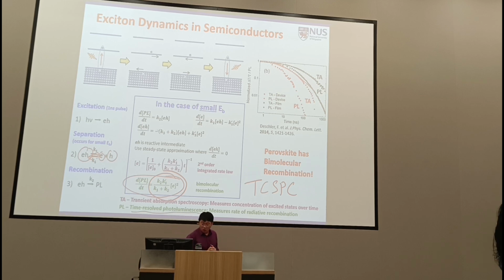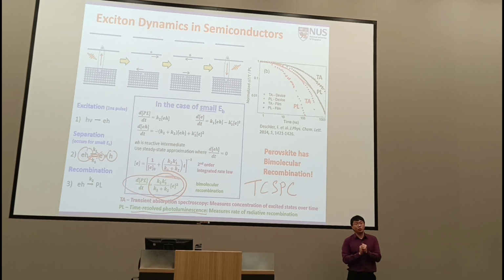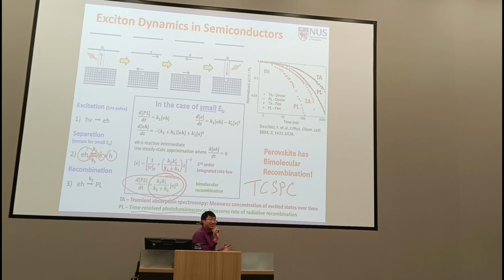Now there's another technique called transient absorption spectroscopy. For students who are in the group of Prof. Xu Qinghua, you will be very familiar with this. Transient absorption spectroscopy measures the concentration of excited state over time.